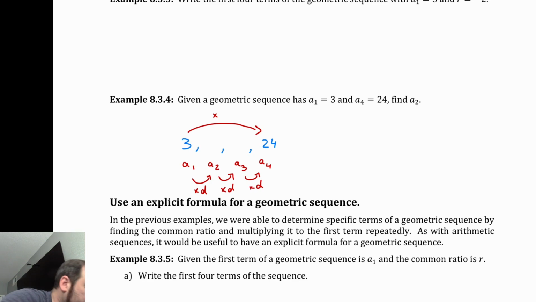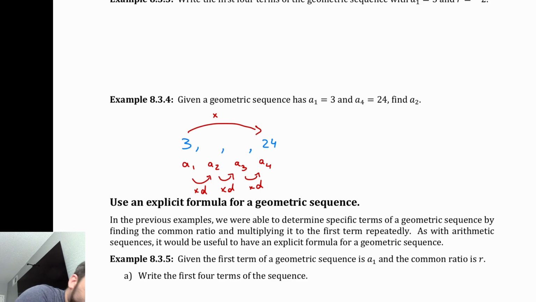No, I mean in terms of D. Oh. So we can set up the equation. What does multiplying by D 3 times equate to as a single product?